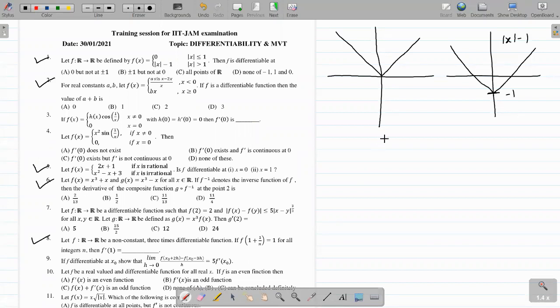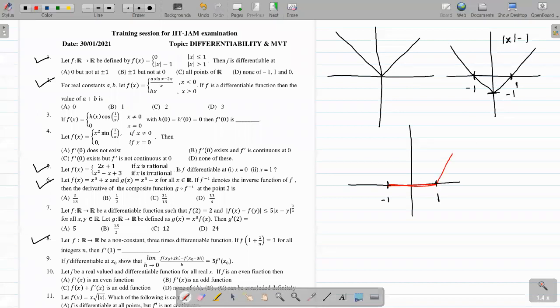Now the thing is our graph. So what is our graph? Our graph is up to mod x less or equal to 1, that is between minus 1 and 1, the graph is 0. So minus 1 to 1, the graph is this, and afterwards it is this mod x minus 1.